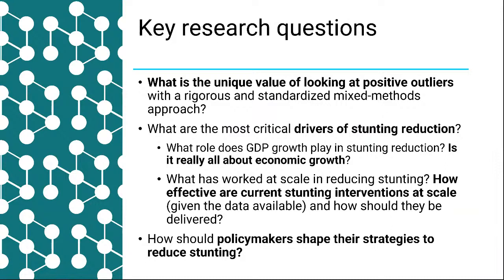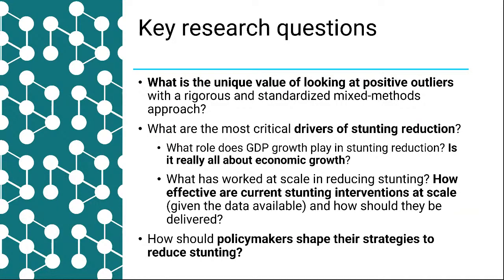When we're digging into the unique value of understanding positive deviants or positive outliers, this approach was one component of a broader mixed methods approach to really unpack, beyond a standard analysis to understand what went wrong, instances or geographies and outcomes of interest around nutritional outcomes like stunting, for example, what's really driving change? And there are subcritical questions underneath that for drivers of stunting reduction.